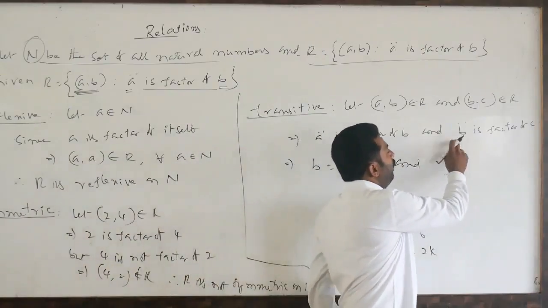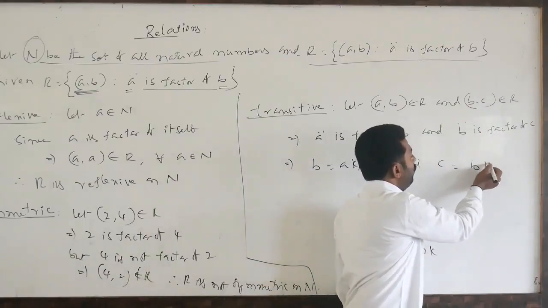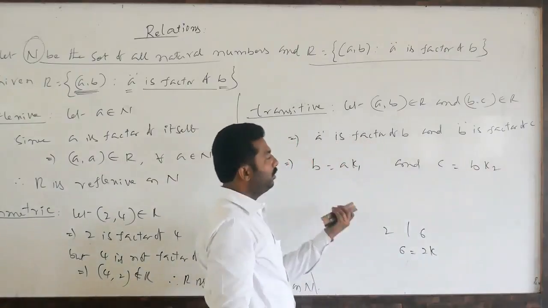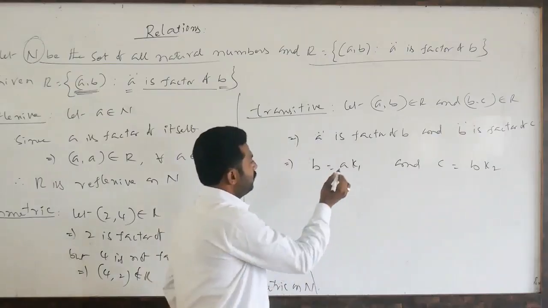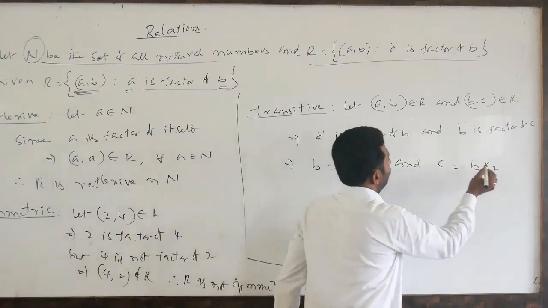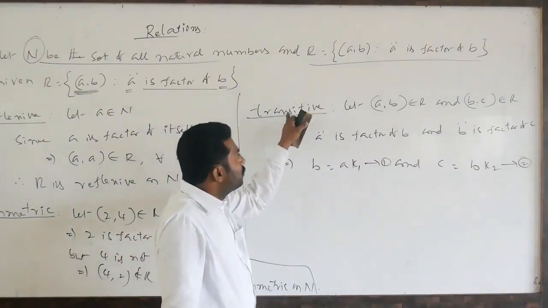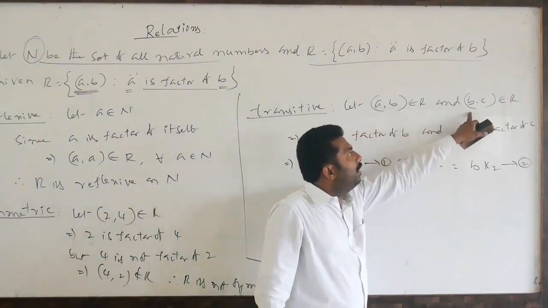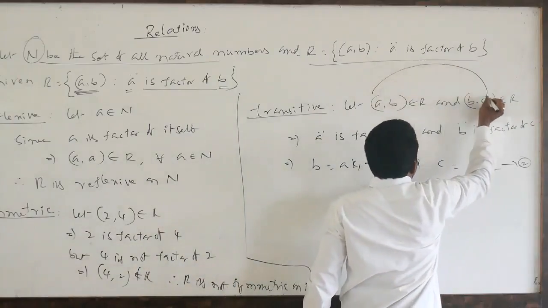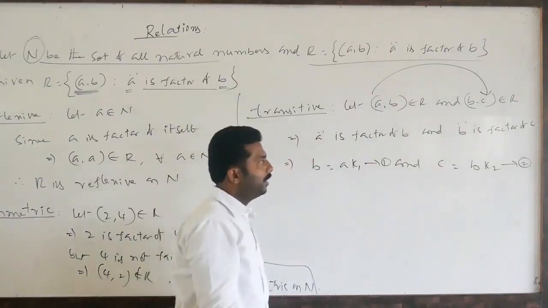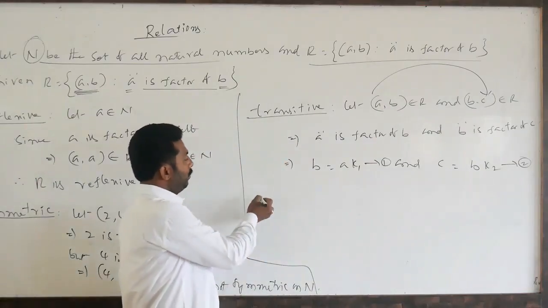And B is a factor of C means C can be written as B into K2, where K2 is also some integer. So this is equation 1, this is equation 2. See here, in transitive, (A, B) belongs to capital R and (B, C) belongs to capital R. What do we have to prove? That there is a relation between A and C, that is, (A, C) belongs to capital R. We have to prove this.